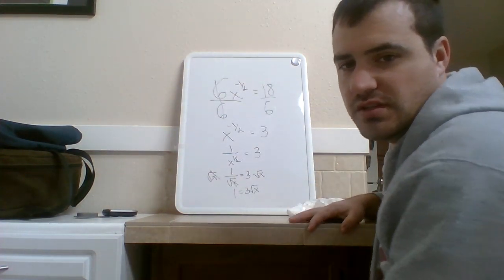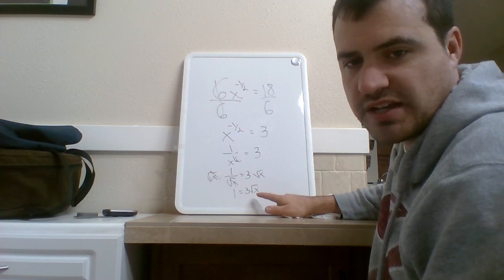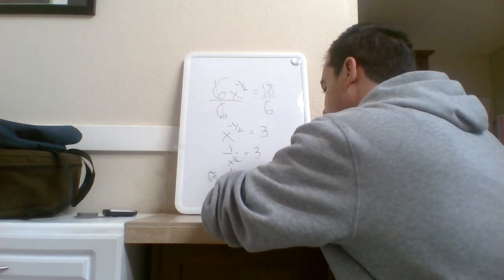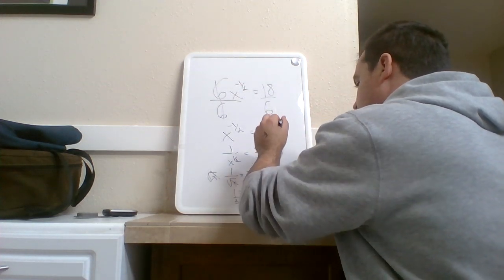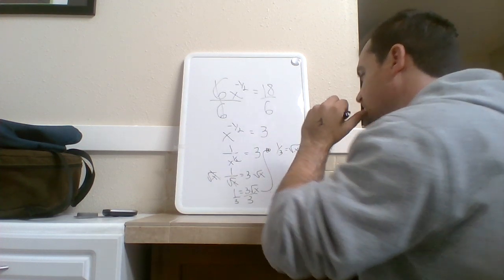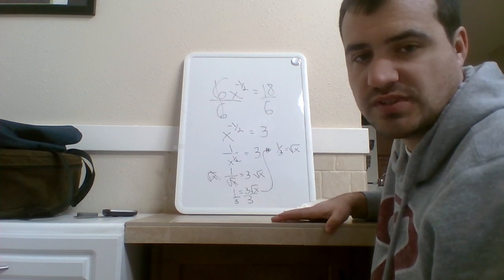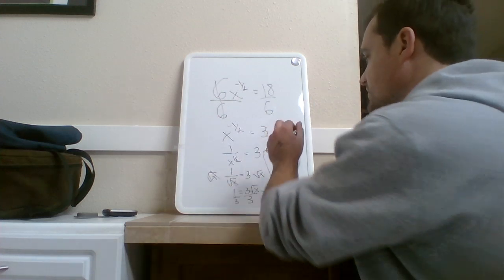Okay. And then over here on the right now, our root x term is with that 3, so we got to get rid of the 3, which means we divide by 3. Okay. So we end up with 1/3 equals square root of x. And then we have to undo the square root at this point, which we learned last week. You do by squaring, right?